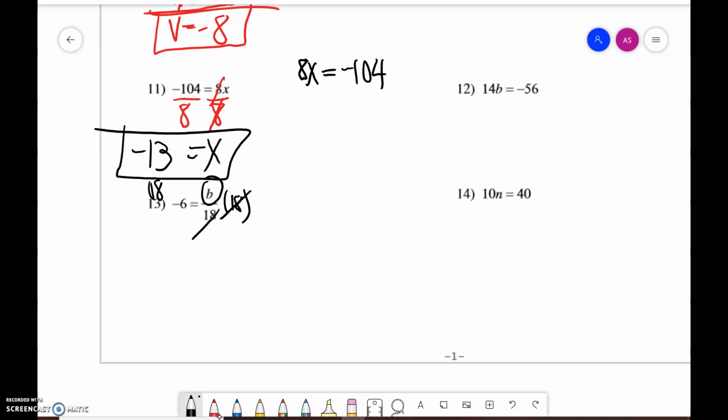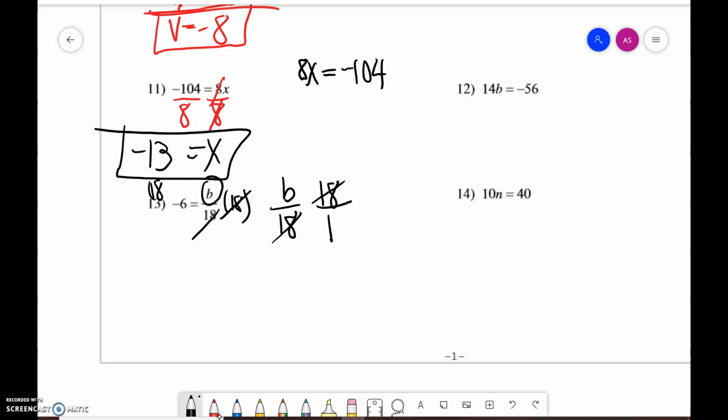Okay, now let me kind of give you a little bit more example with this, because I know we kind of forgot our fractions. When I'm dividing by 18, keep in mind I'm dividing by 18 over 1. Okay, so if I rewrite that, I can see that I can cancel those out because they are across from each other.